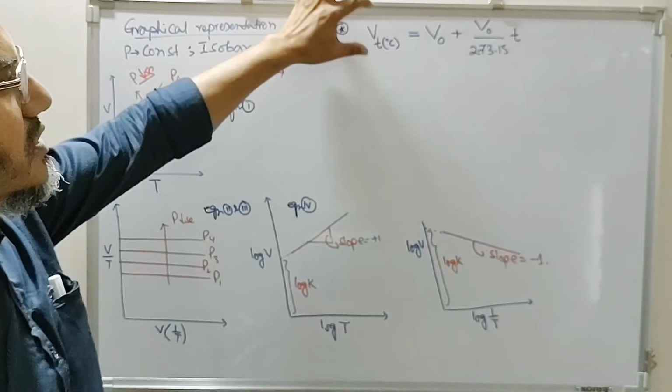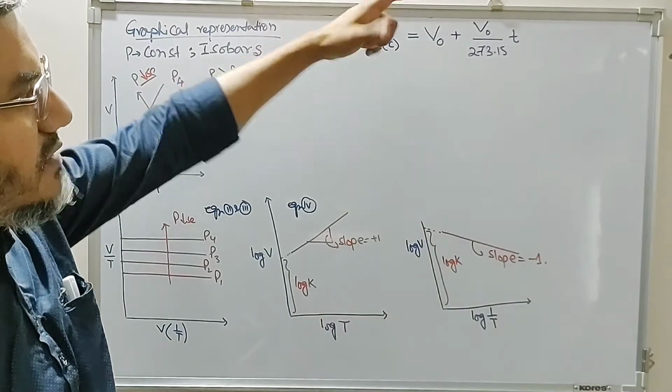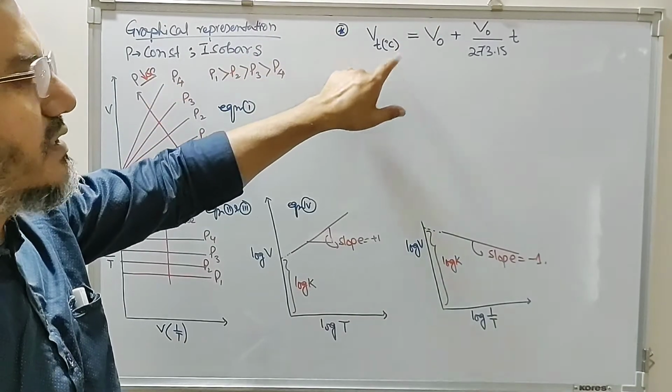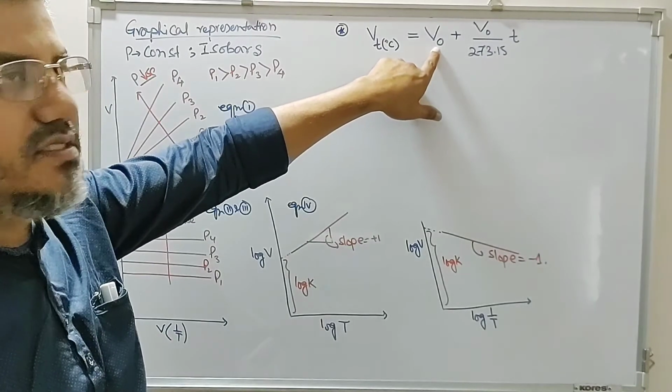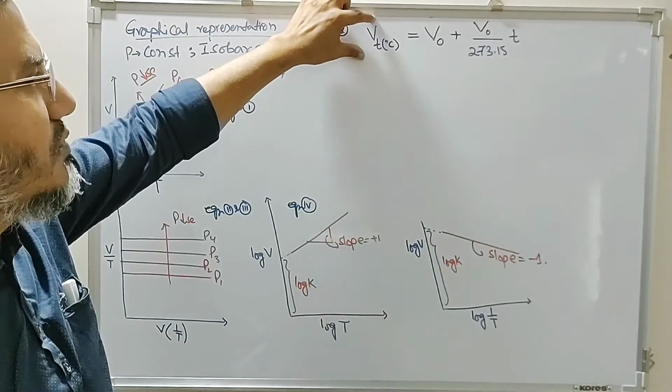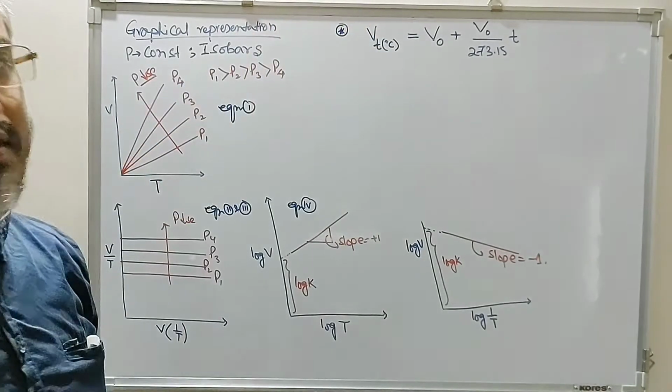So this is Charles' law in terms of degree centigrade, where V naught is the volume occupied by the gas at 0 degree centigrade.